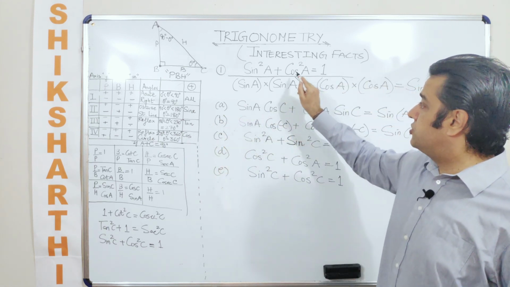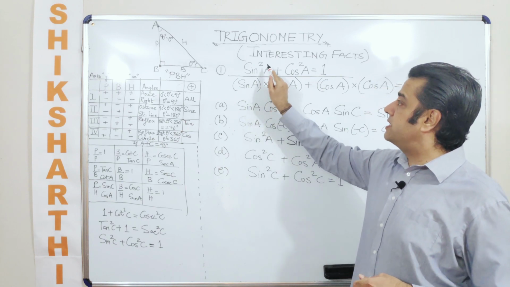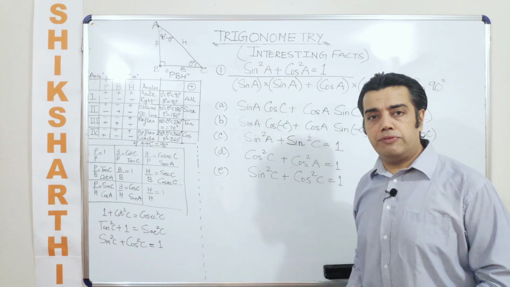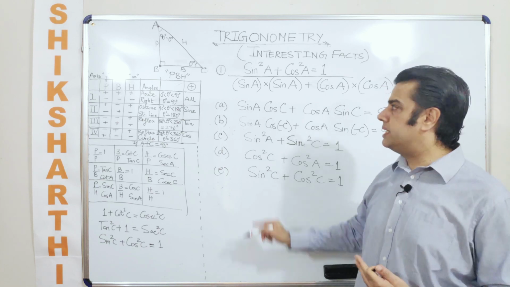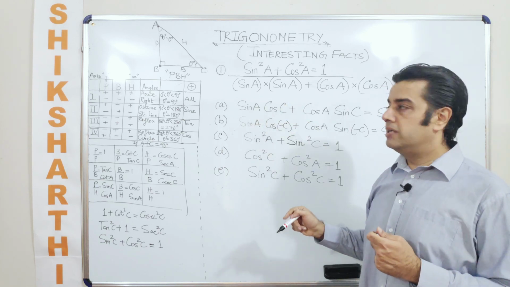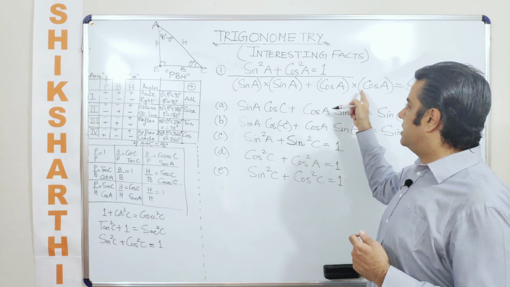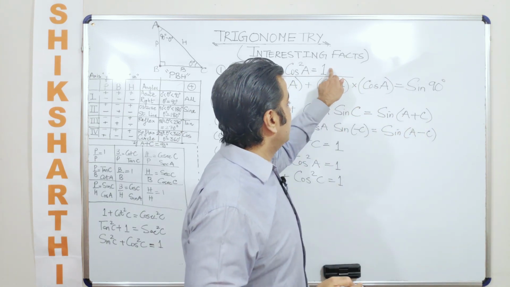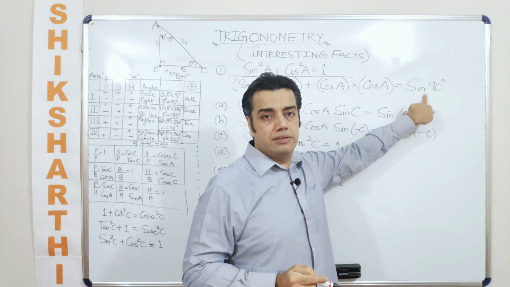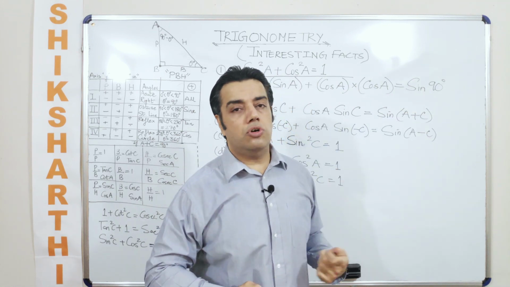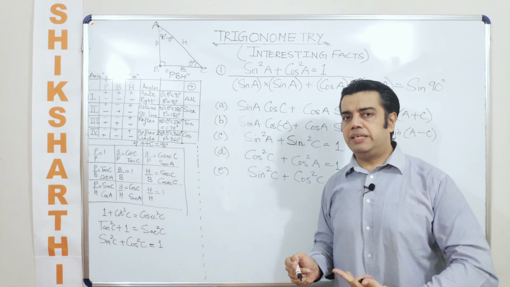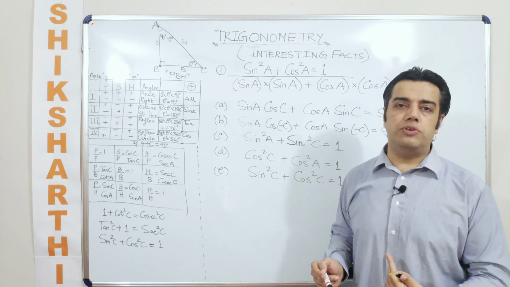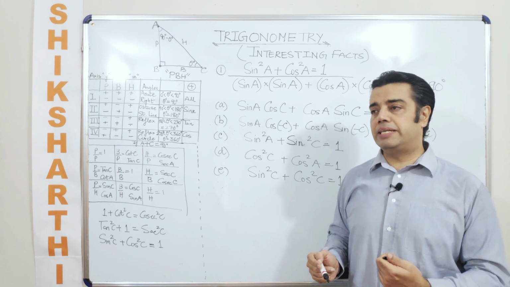Now based on this, the interesting part here is I can write, now this is sine square A. We all are aware of the fact that sine A into sine A can be written as sine square A. Similarly, cos A into cos A can be written as cos square A. And we know that 1 can be written as sine 90. We can write it as cos 0 also, but here we are taking it as sine 90. And very soon you'll realize why we are taking it as sine 90.